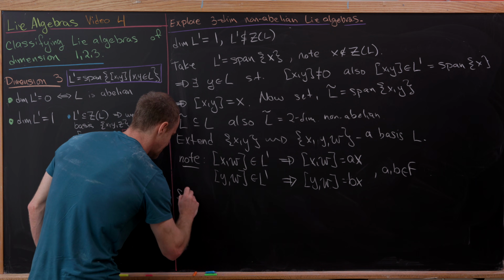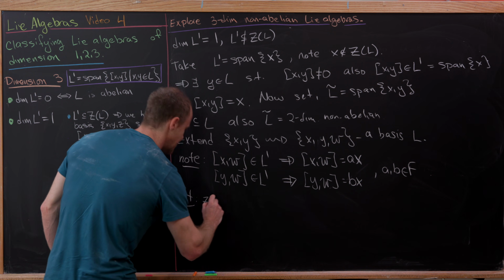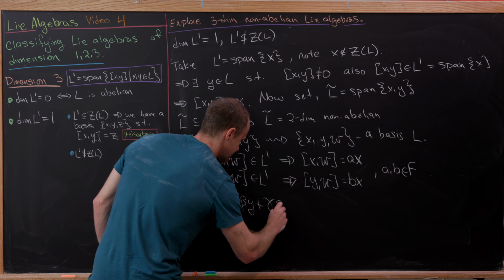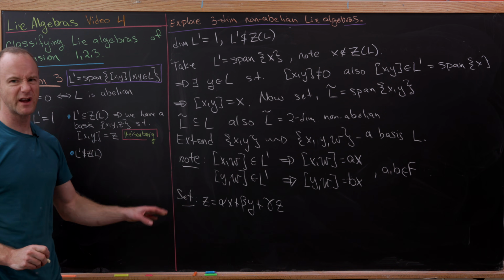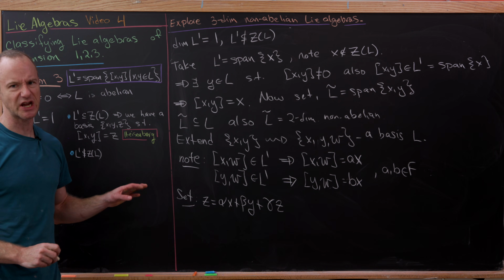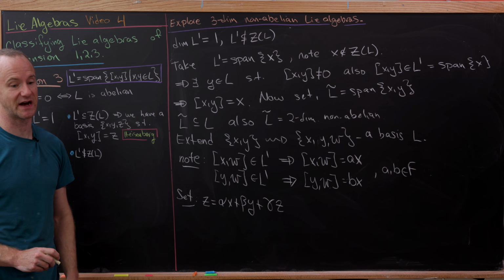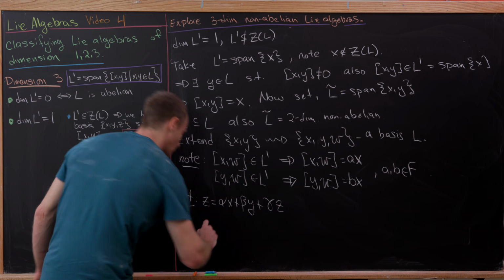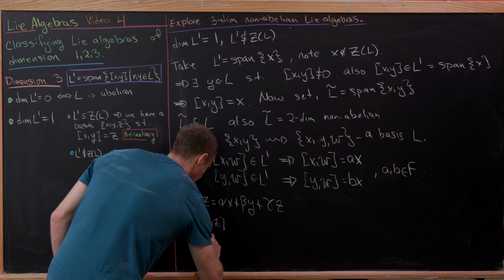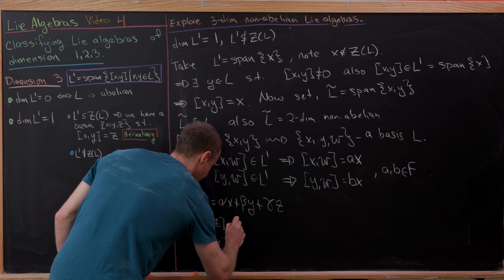So now let's set z equal to alpha x plus beta y plus gamma w. So we're looking for a change of basis formula, and hopefully we can make one so that it simplifies nicely. And now let's calculate the bracket of x with z and the bracket of y with z.